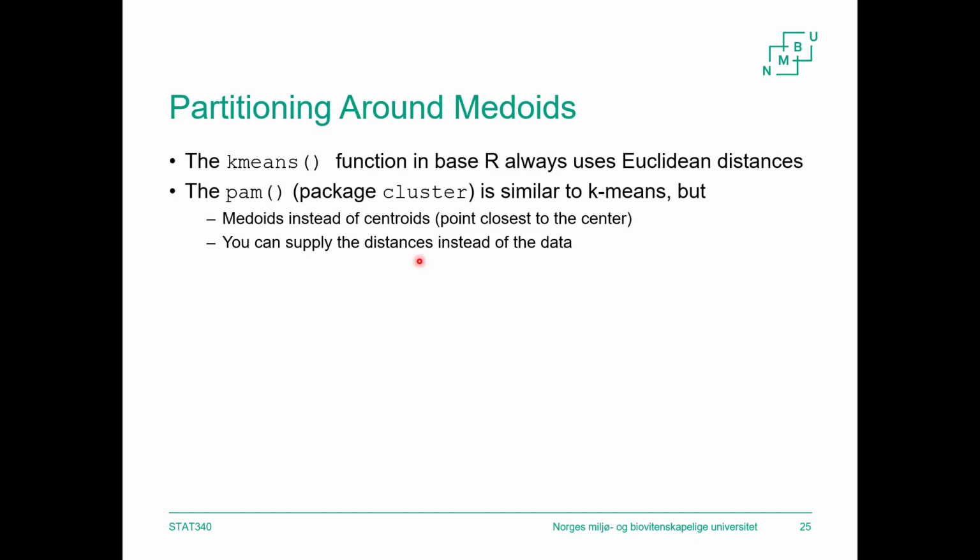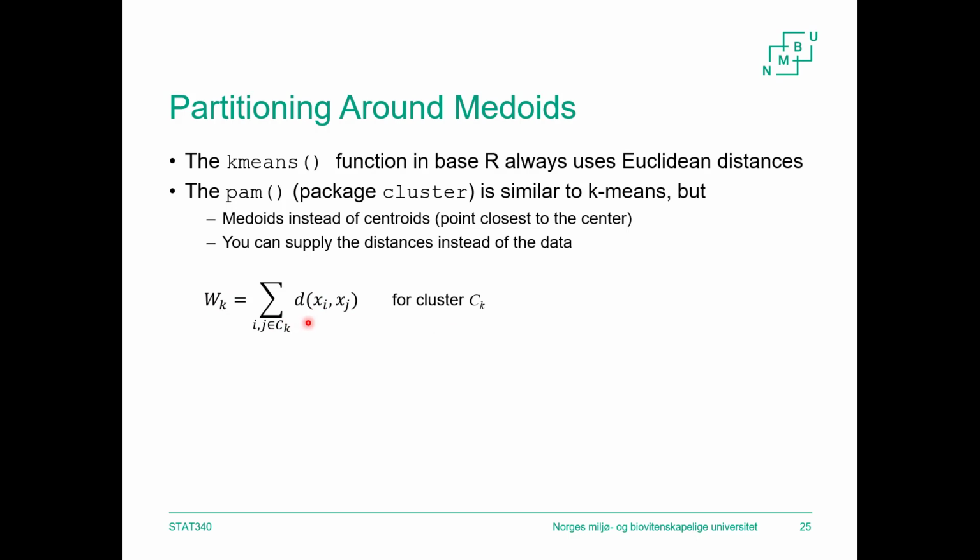Or you can supply raw data for PAM as well, but you can also supply a distance object like we did for the hierarchical clustering. Because here the within cluster variation is no longer this distance squared. It's just the sum of distances. And these distances can now be any kind of distance that you supply. Right? So that's the difference.